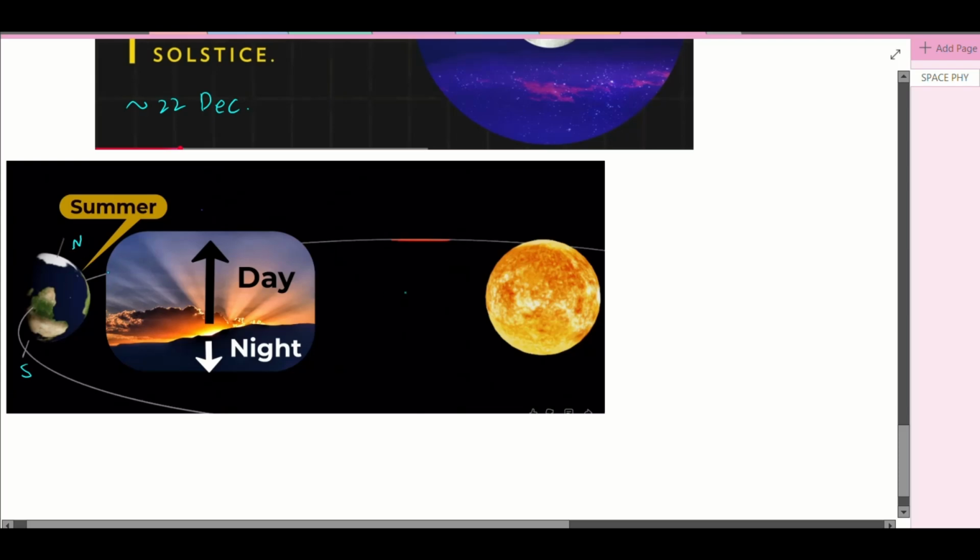Here you can see the North Pole is tilted towards the sun, and the South Pole, on the other hand, is tilted away from the sun.